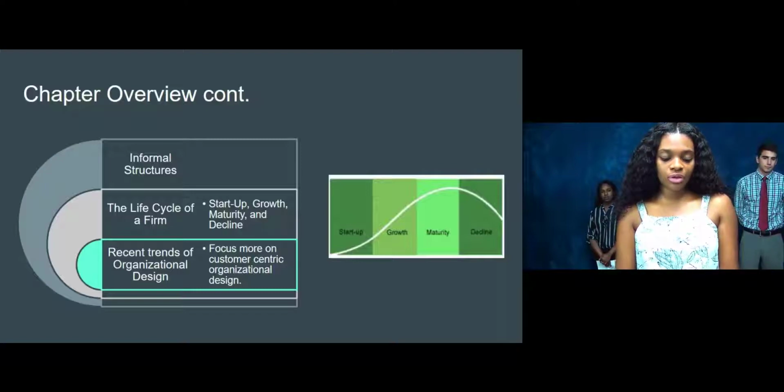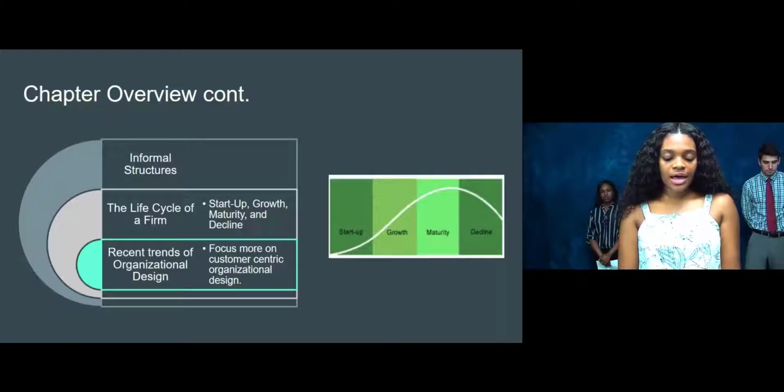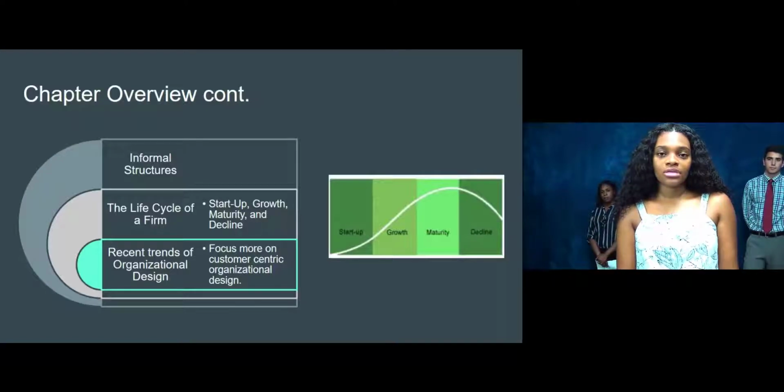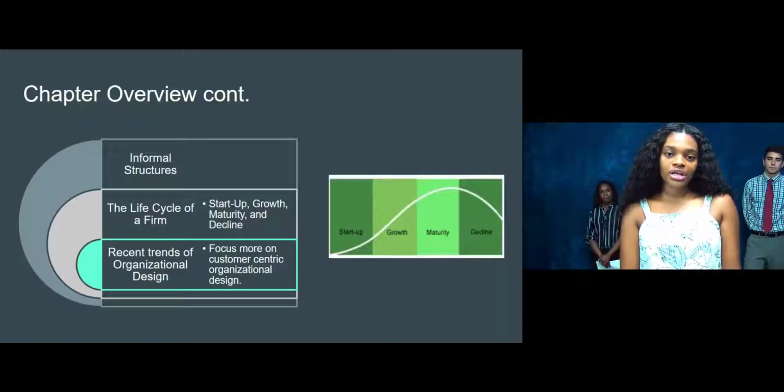For growth, we have an emphasis on division of labor and specific, distinct coordinating. For maturity, we face complex markets. Lastly, the decline stage is when an organization will encounter cost management, realignment, and restructuring.